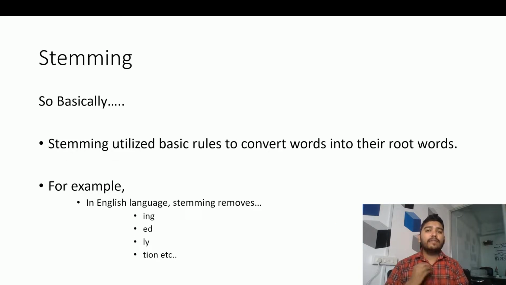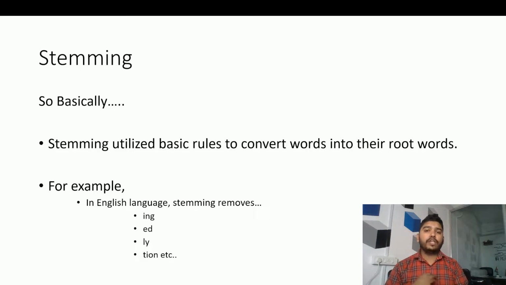Stemming utilizes basic rules to convert a word into its root word. For example, in the English language, stemming removes some prefix or postfix like ing, ed, ly, tion, etc. So basically, it will apply some basic rules like removing this particular prefix or suffix.